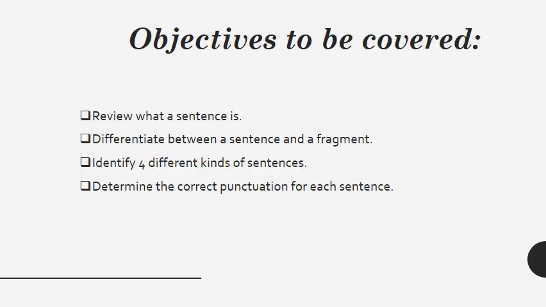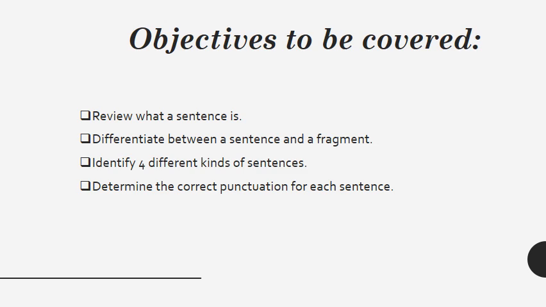Before I start to explain the four kinds of sentences, let's have a look over the objectives that are going to be covered in this video. First of all, we are going to review what a sentence is. Then, we should differentiate between a sentence and a fragment.